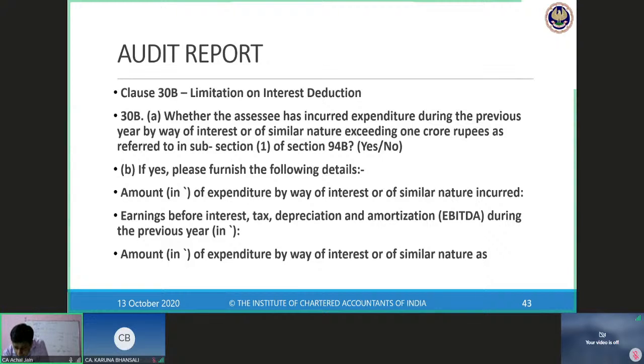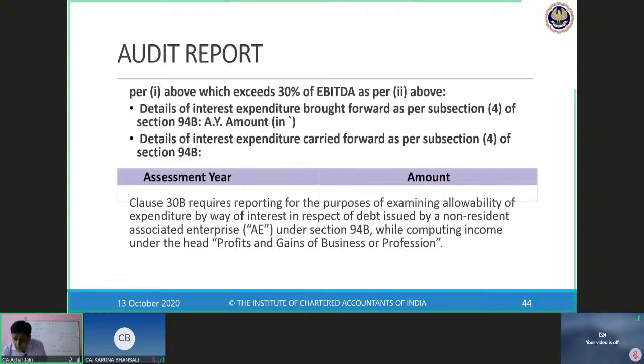What is 1? This is 1, and this is EBITDA. So the amount of expenditure by way of interest or of similar nature as per 1 above, which exceeds 30% of EBITDA, is required to be reported or furnished.